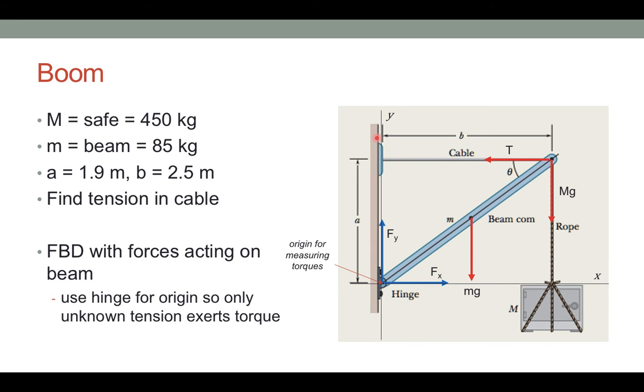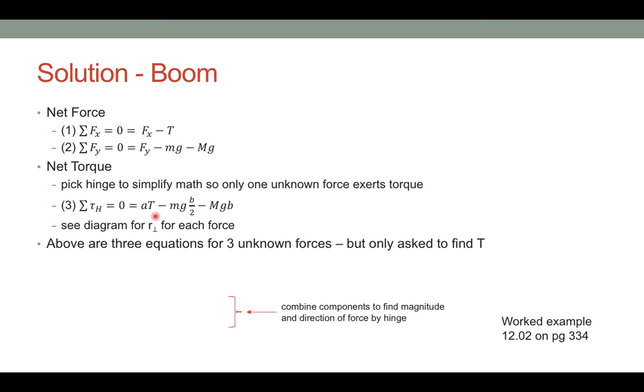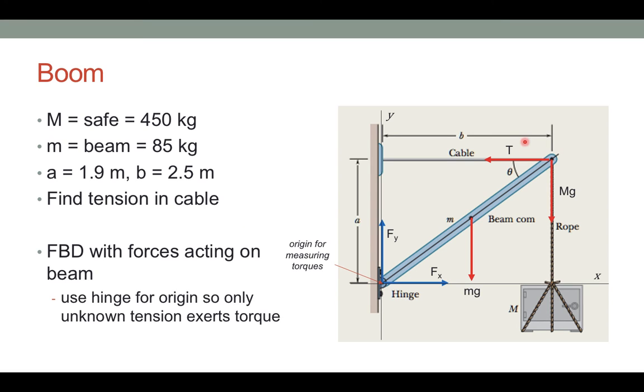And going back right here, this distance A will be the lever arm that the tension exerts relative to this hinge, and that is a counterclockwise torque. The weight of the boom and the weight of the safe both exert clockwise torques. And this distance right here, which is the length of the cable, which we are given, is the lever arm for the weight of the safe, because that acts straight down.